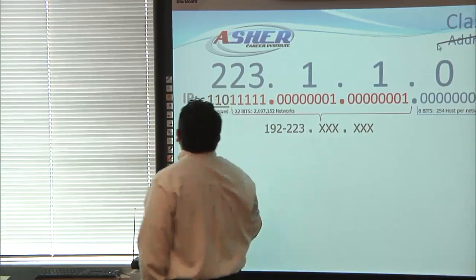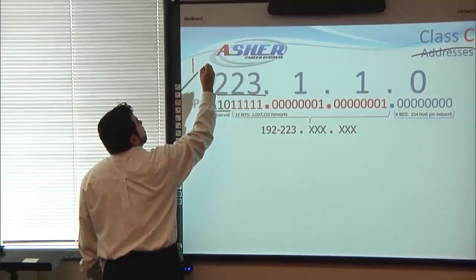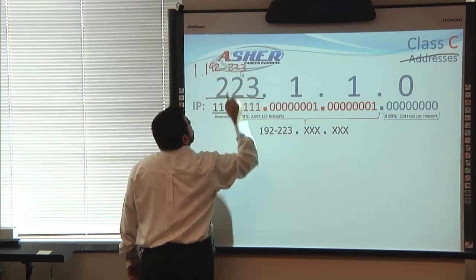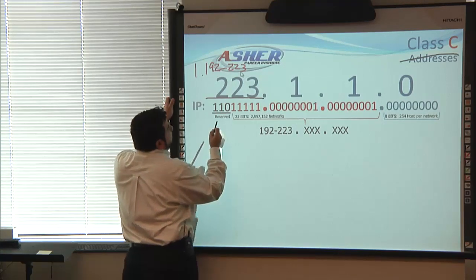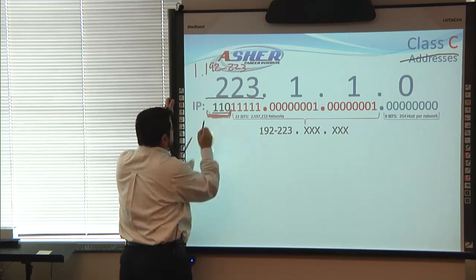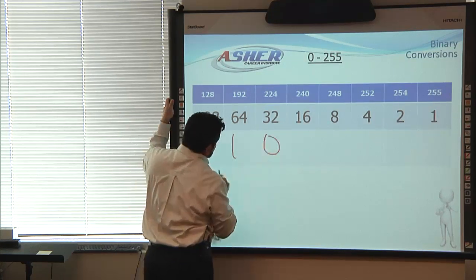A Class C address, the first way we could identify it is because it's in the range of 192 to 223. The second way is that we have reserved the first 3 bits as 110. Again, coming back over here, 110.